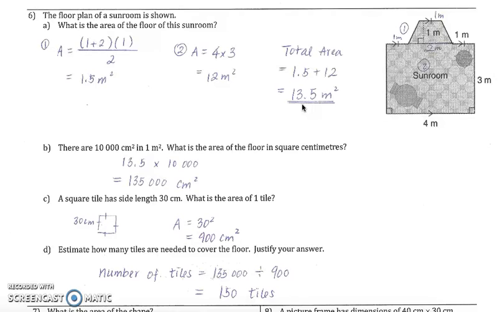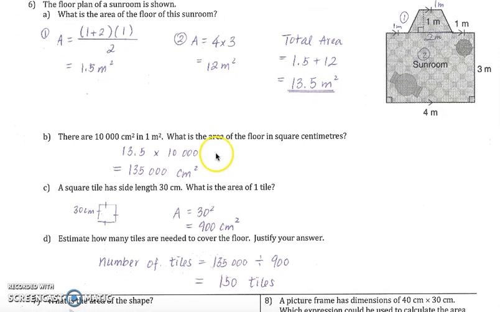The total area of the sunroom is 13.5 square meters. And because there are 10,000 square centimeters in 1 square meter, the area of the floor in square centimeters is multiplying 10,000 by 13.5, which is 135,000 square centimeters.